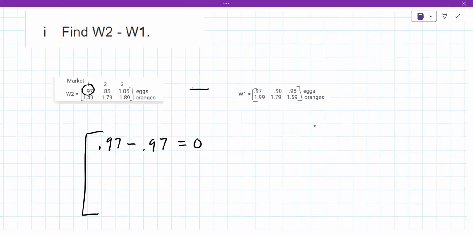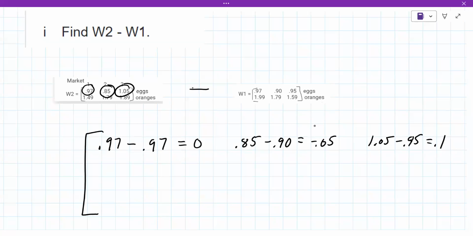So notice there's no difference in price. Then you go to the 0.85 and subtract 0.90, that's minus 0.05. So what that means is they're actually less expensive than the previous week. And then the third number on the top, 1.05, subtract 0.95 to get 0.1.